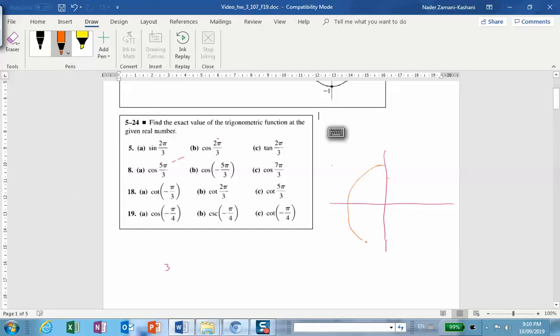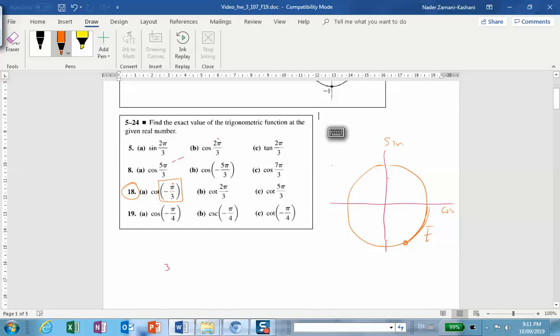We are interested in, this is 18, we're doing 18, okay? Minus pi over 3. Where does minus pi over 3 lie? So first of all, this is cosine, this is sine. Minus pi over 3 is right here. You back up by pi over 3, okay? Now, remember, this is the reference number. So anything that we can say about this, this is cotangent right now. If you know the stuff about pi over 3, we can write this.